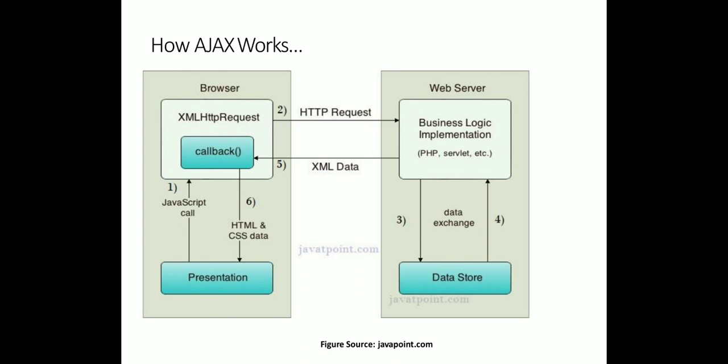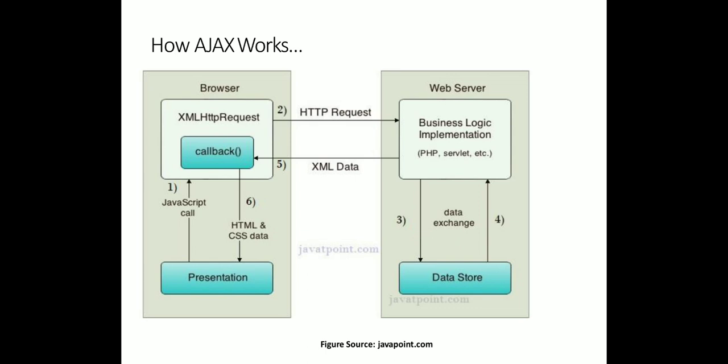The XML HTTP request object plays an important role in it. As told before, Ajax is a combination of XML HTTP request, JavaScript and DOM. XML HTTP request is the first and most important part in your Ajax working.